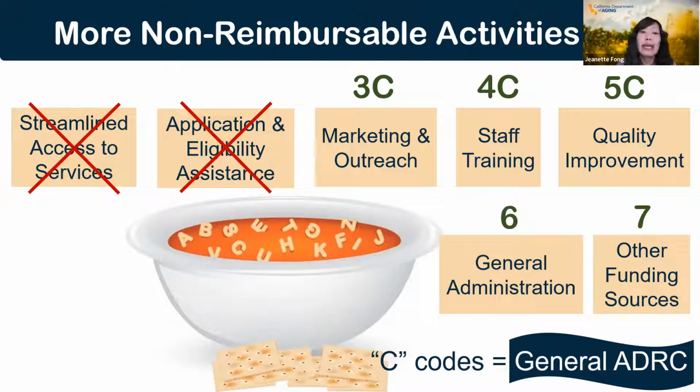Now, aside from our A, B, and C codes, we do just have 2 more miscellaneous codes that you might use, and those are codes 6 and 7. There are no letters for those. So code 6 is for general administration. Basically, use this code when you are doing anything that is not ADRC related whatsoever.